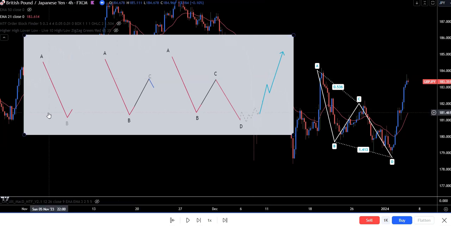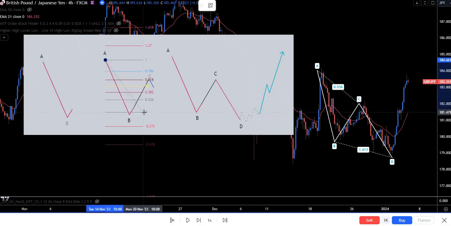For example, for the AB equals CD, normally you would see some movement here, some structure or base, and then after that, not all the time, it could go down a bit, shake down and then go back on the way up. But to see that we are on the right track, what we normally do is put the Fibo here. Let's say that you see this strong move down.